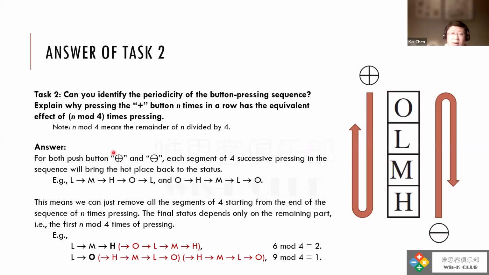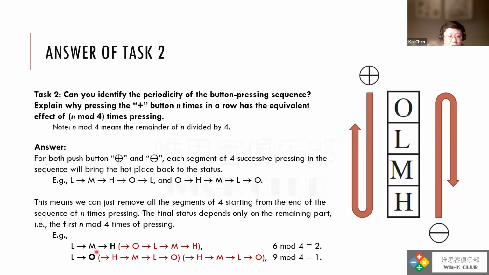Okay. Second task is quite easy because you do see already the periodical circles, or the circles of 4 pressions, right? So you press 4 times and it will go back to the original position or original status.